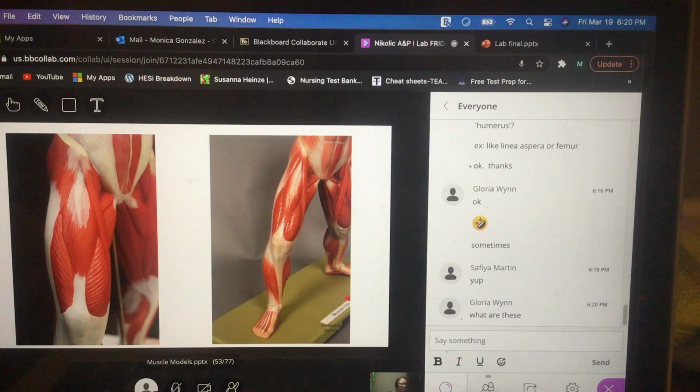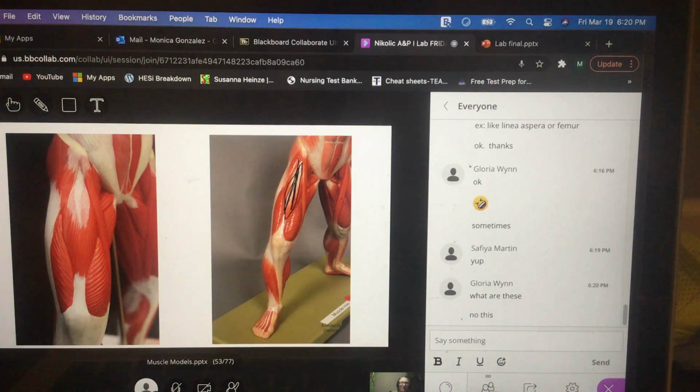What are these? What do you mean, what are these? Oh, I don't know if this is what you mean, but these are all the muscles in the front or anterior part of the leg. Okay, so what do we have here? Again, we've got the rectus femoris, part of the quadriceps. We've got the vastus medialis, part of the quadriceps.